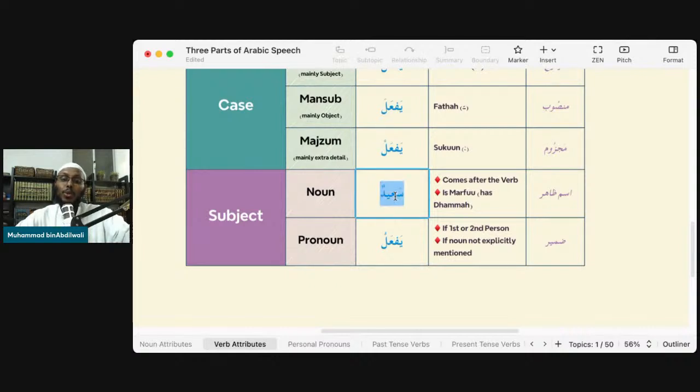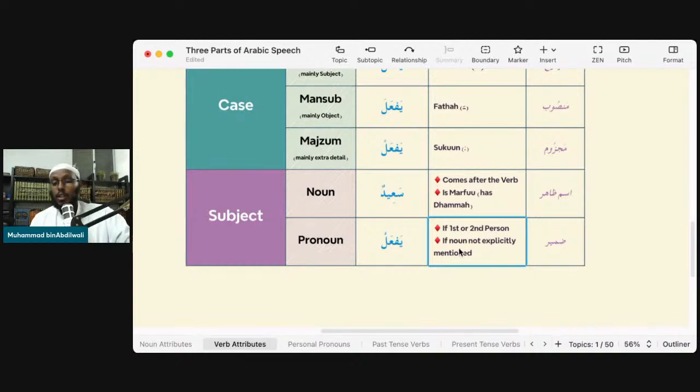We can't do without this word in the sentence. That's why it has dhamma. And in Arabic, it's called ism zahir, an explicit noun, a noun that you can see, clear. Or it could be a dhamir, like a pronoun, that is most likely hidden. Now, if it's the first or second person, if you don't know what that is, we'll talk about it in a moment, then it's definitely going to be hidden. It's not going to be mentioned.